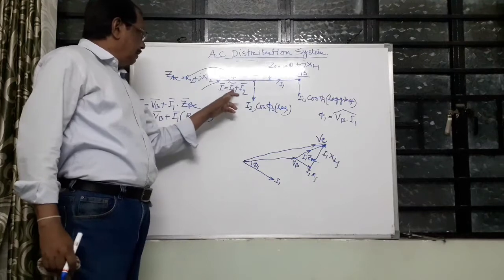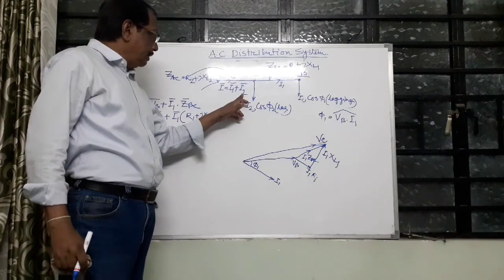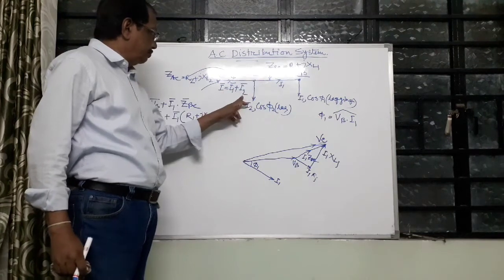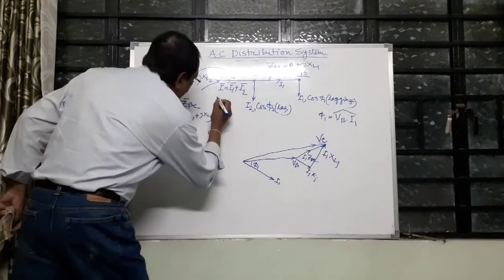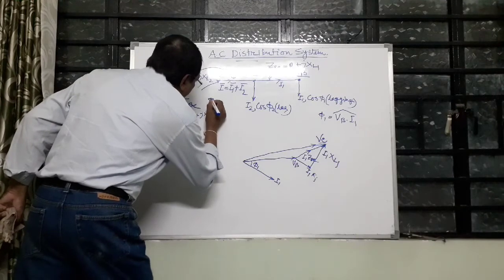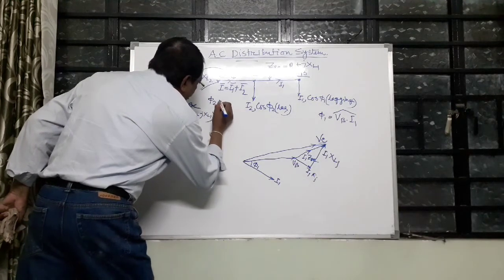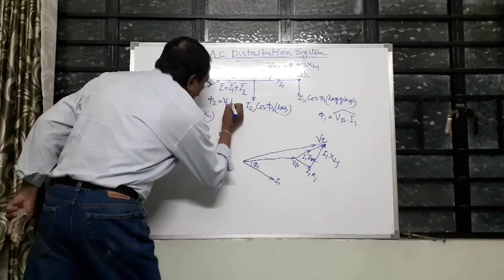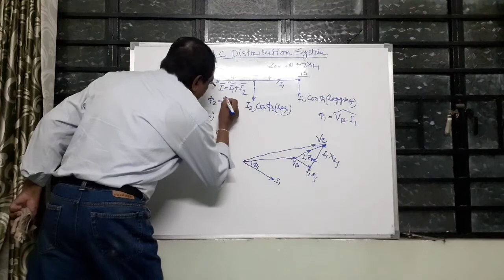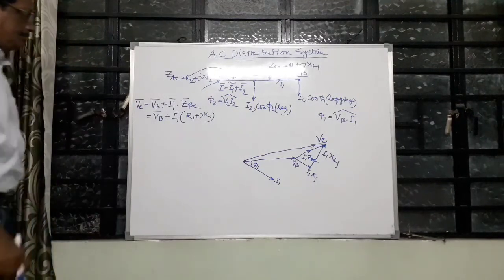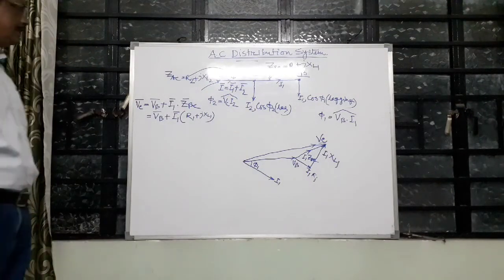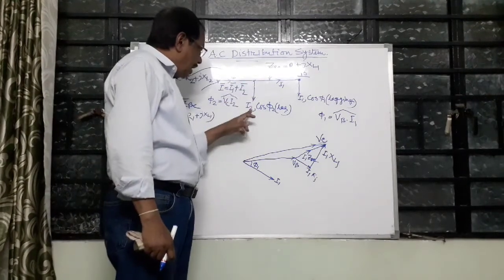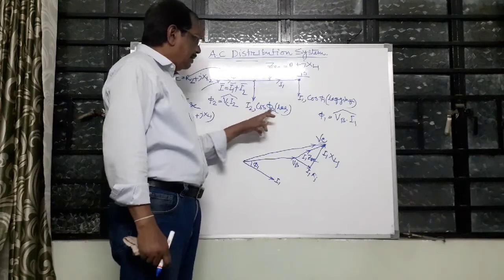Now I2: phi 2 is the angle between VC and I2. With respect to VC, I2 is lagging at an angle phi 2.